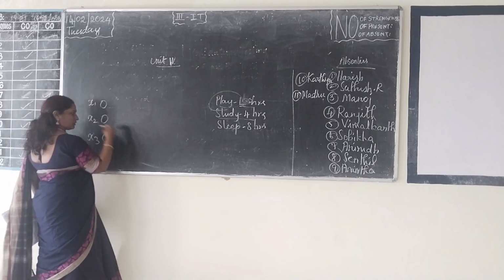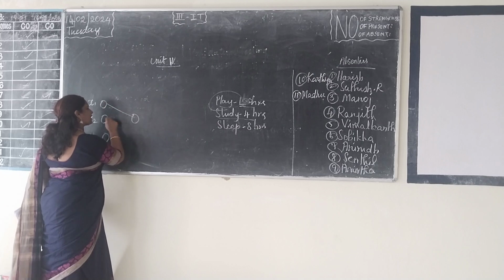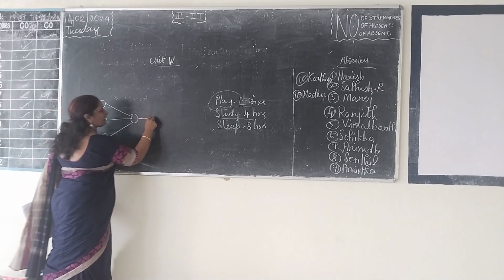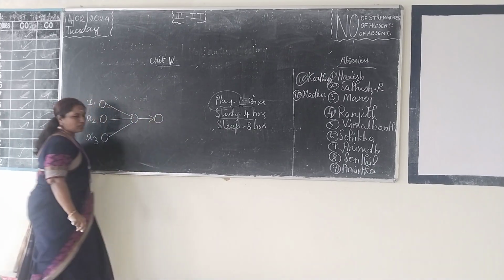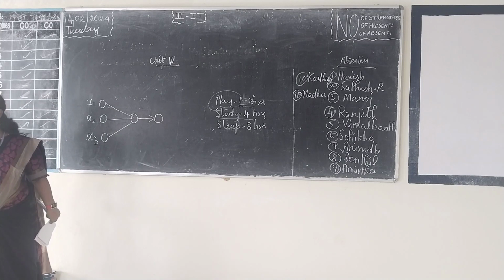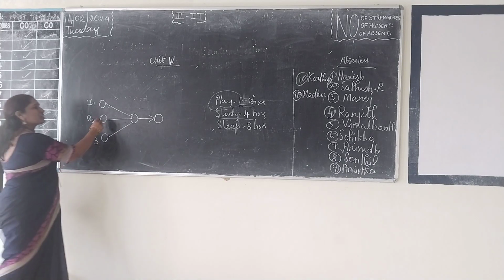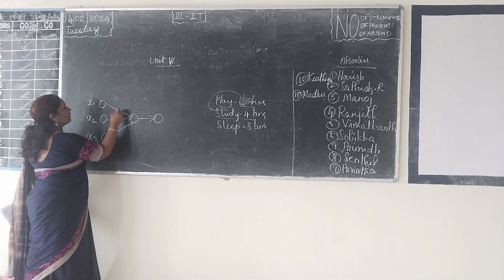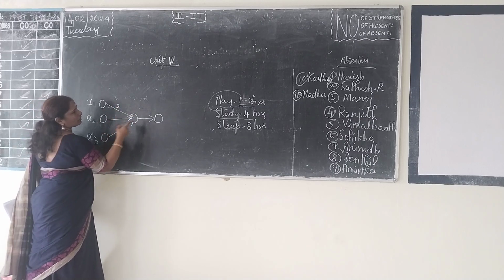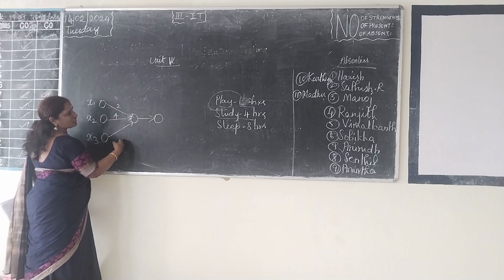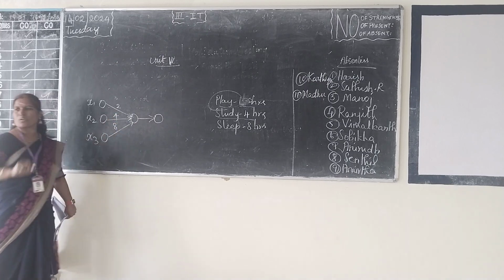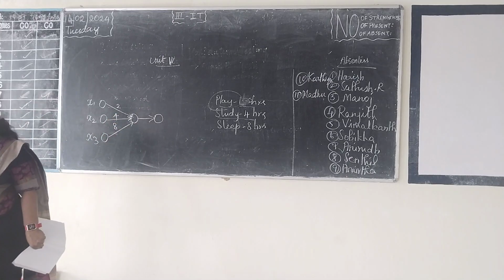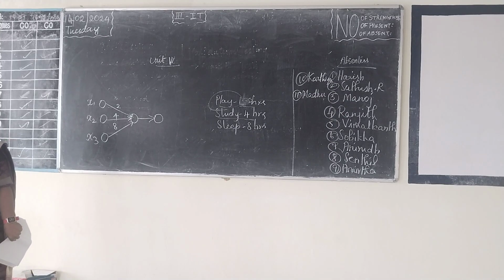We will interpret these as x1, x2 and x3. Then you may give a hidden layer, or otherwise it can join directly with the output layer. Here, whatever weights I set, I am giving play time as 2 hours, study hours as 4 hours, and sleeping hours as 8 hours. This is the weight. Initially I give some value.